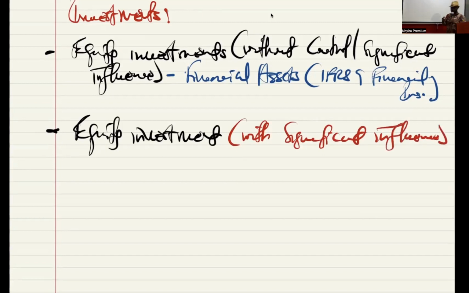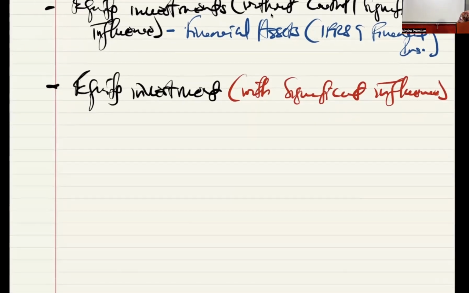So if the entity is making the investment to gain significant influence, what does that mean? In simple language, significant influence is simply the power to participate in the financial and operating policies of the company.